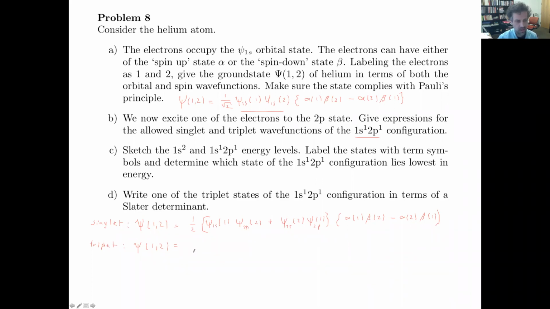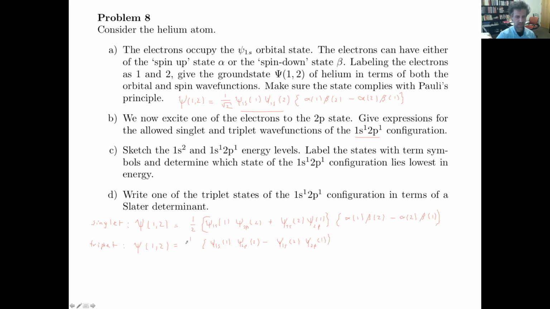So what I can write down then is 1s with the first particle, and the second particle goes in the 2p, and the combination that is antisymmetric must have a negative sign. Then the 1s with particle 2, and the 2p now has particle 1 in it. So this is the antisymmetric orbital state.